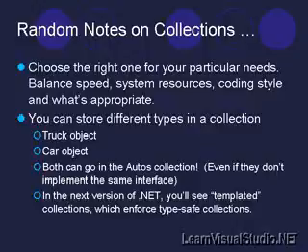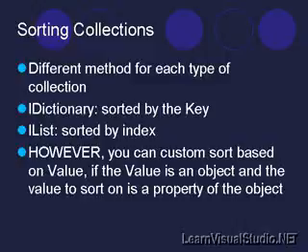But as far as both of these are concerned, the most important thing to remember is that you can create a custom sort based on the value of the items that are within your collection. So if you have values that are objects, you can implement an interface in each of your objects called iComparable, and what it'll force you to do within your code is to create a method called compareTo, and that method will need to return whether two objects of a similar type are equivalent to each other, not equivalent to each other, or one's greater than the other one.